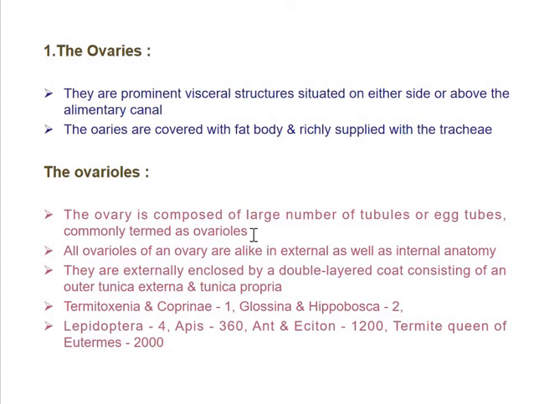The ovary is composed of a single ovariole in Termitoxenia and Coprini, 2 ovarioles in Glossina and Hippobosca, 4 ovarioles in Lepidoptera, 360 ovarioles in Apis, 1200 ovarioles in Army ants, Eciton, and near about 2000 ovarioles are reported in the termite queen.